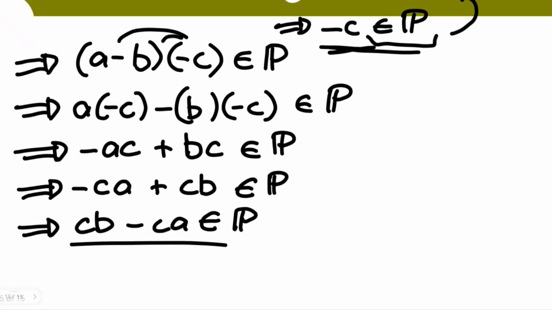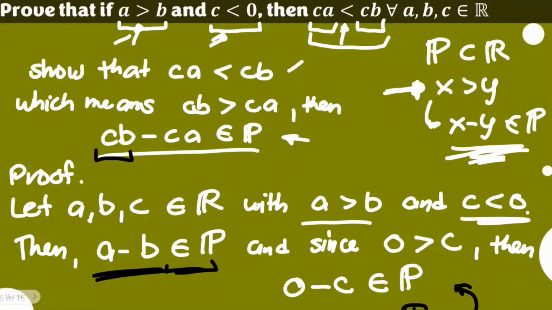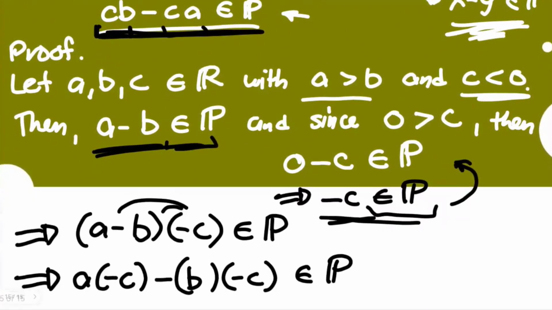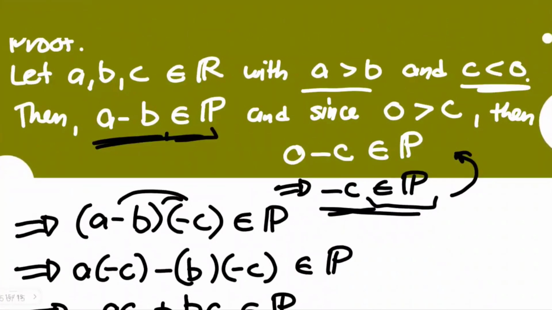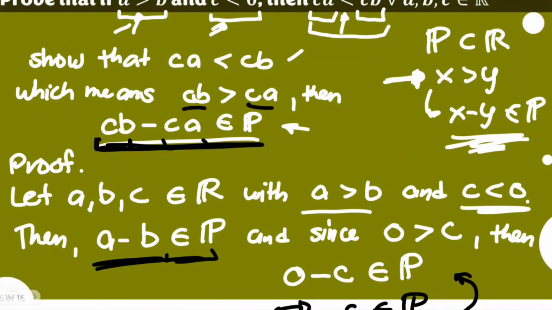And what is this actually? That is what we would like to show, that CB minus CA is an element of positive real numbers, which tells us further that CA is really less than CB.